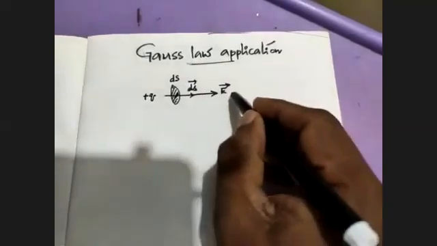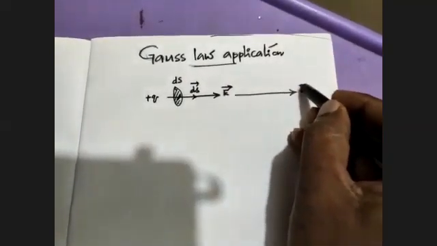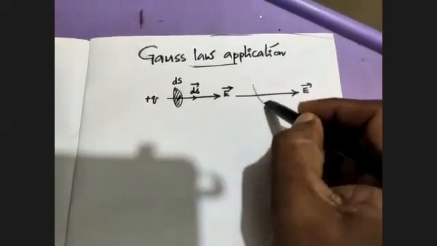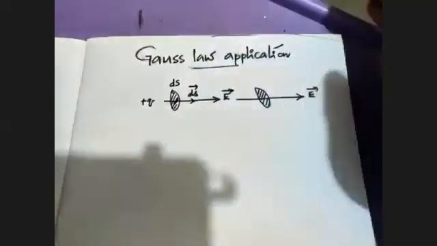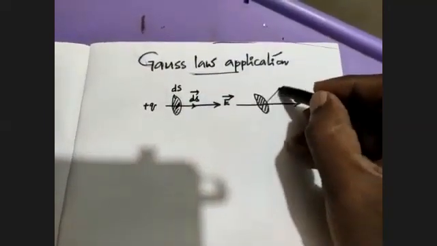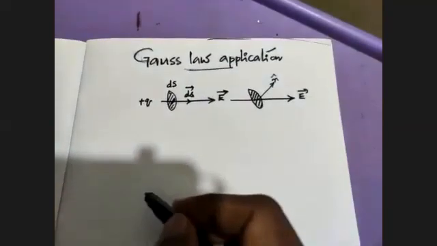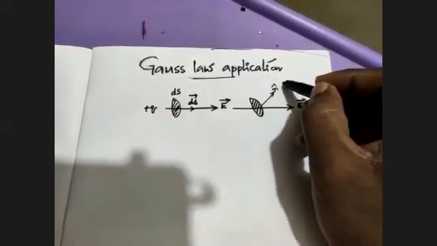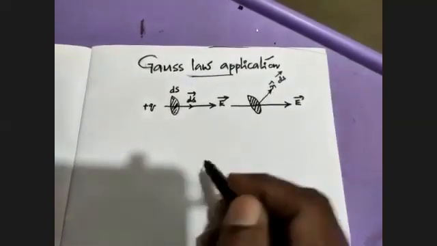If the same electric field line is going like this because of the same positive charge, and the area is like this, see, this area is facing in this direction. This is the normal unit vector, normal to the surface. So in this direction only we have to take the small areal vector. Why?